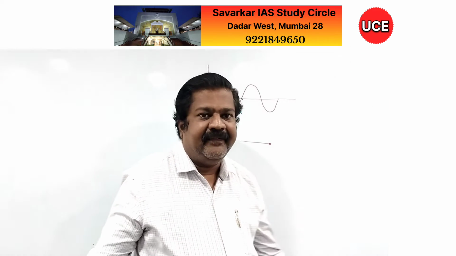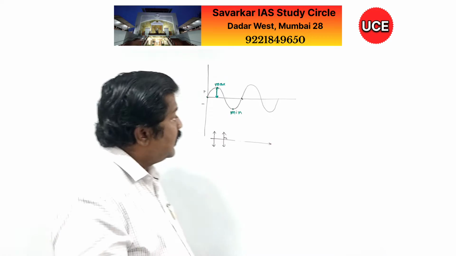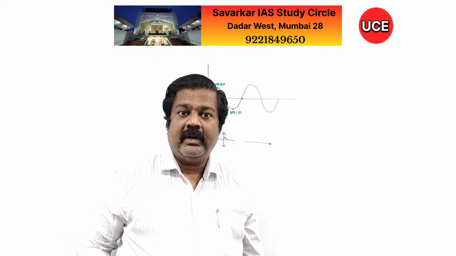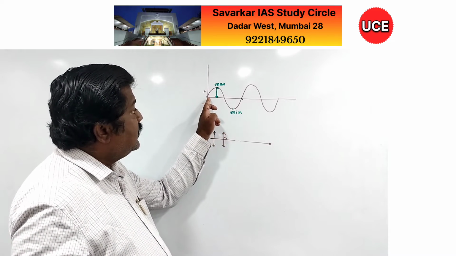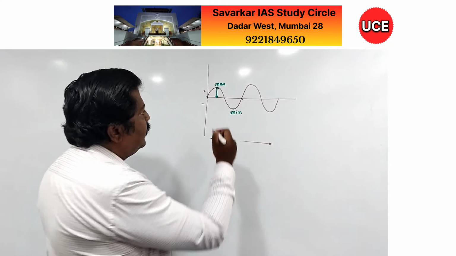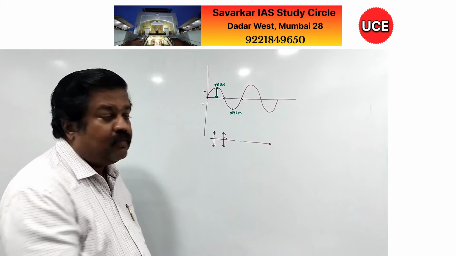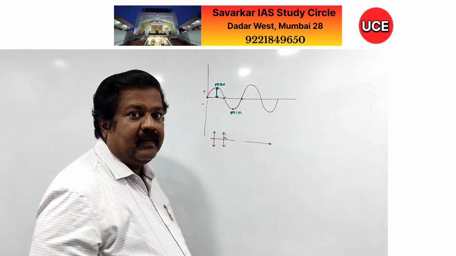Now wavelength. This is one wave I have drawn, but it may be possible that I draw the wave like that. So how do we determine the wavelength? Here this is called the mean position. This is also a mean position. One wave is one crest and one trough.